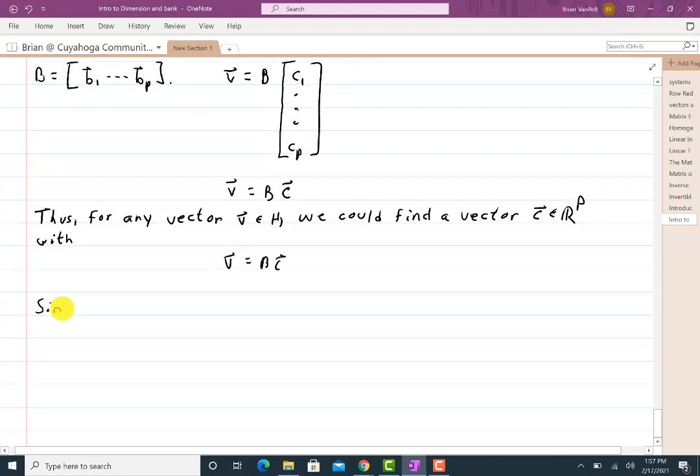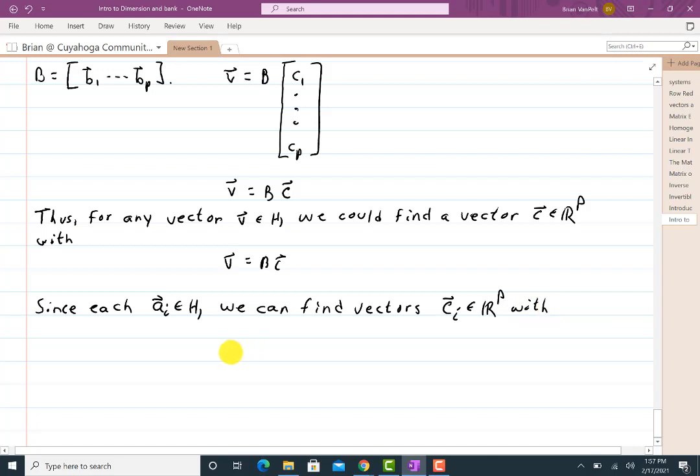Now, since each ai is in H, we can find vectors ci in R^p with ai equal to the matrix B times ci.